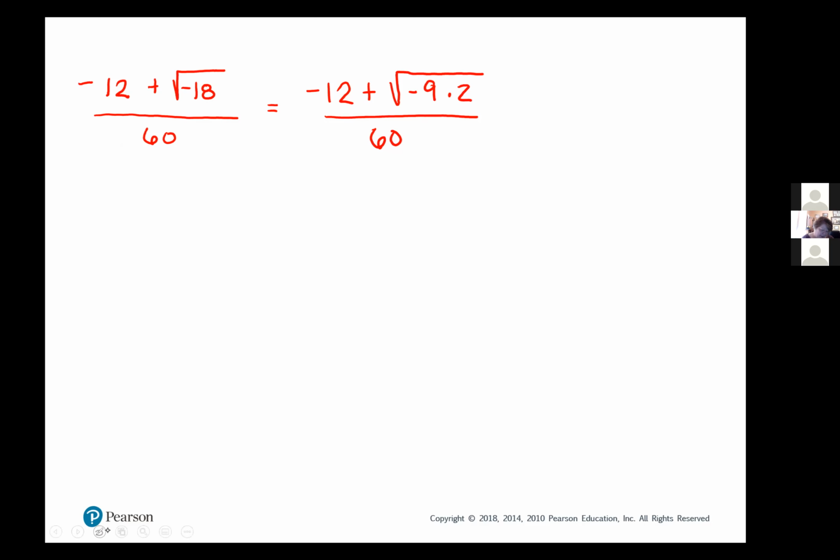So the part that I highlighted, I can rewrite as the square root of -9 times the square root of 2. That's a law, and a law means that I can do it.